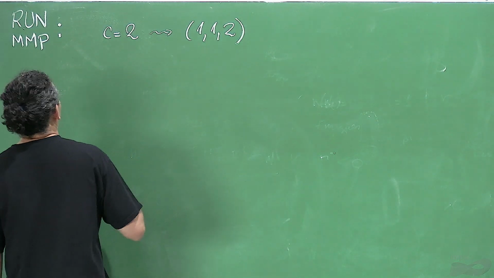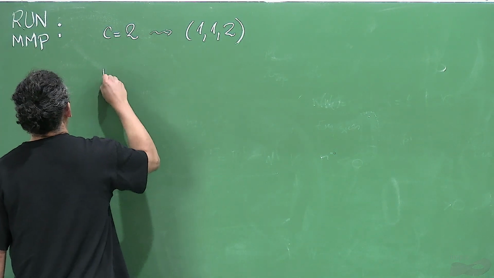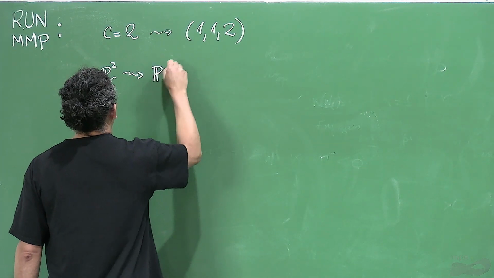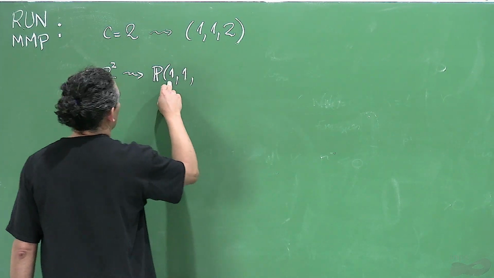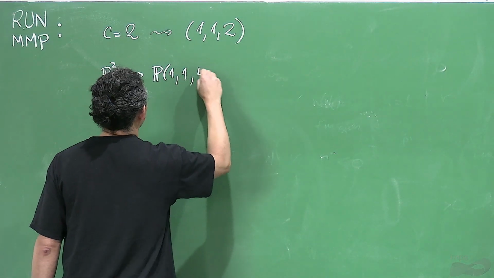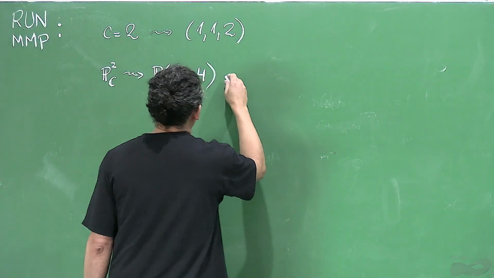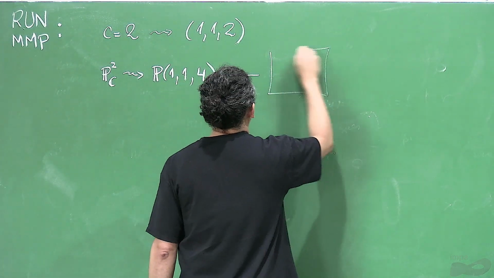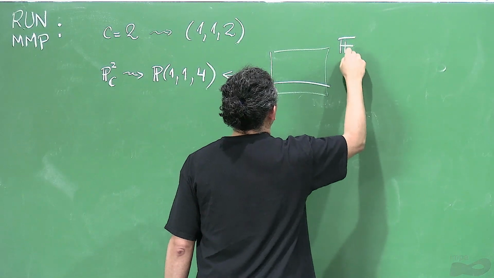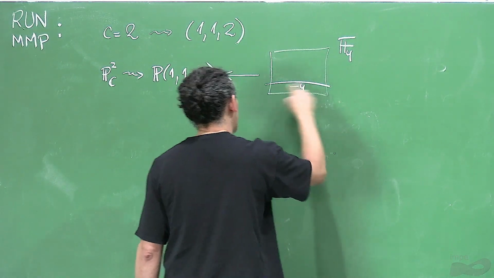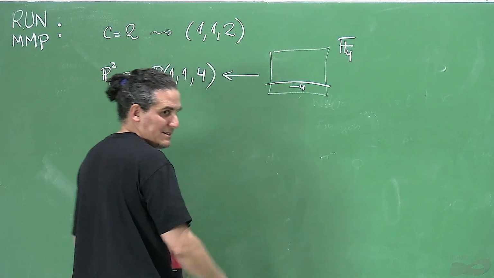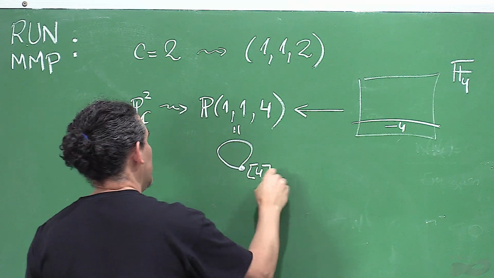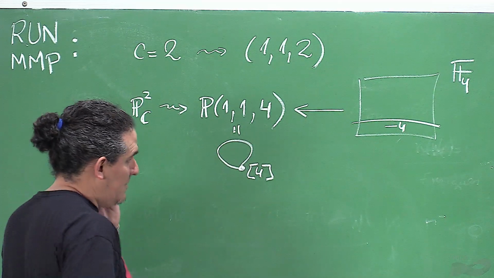Now then we have P^2 degenerating to P(1,1,4), because 1 squared is 1, and 2 squared is 4. And so this is the contraction of the -4 curve on the Hirzebruch surface F4. So you contract this -4, then you have this Wahl singularity. There is only one. So the picture would be like this, 4. Okay? And this is an end of the MMP.